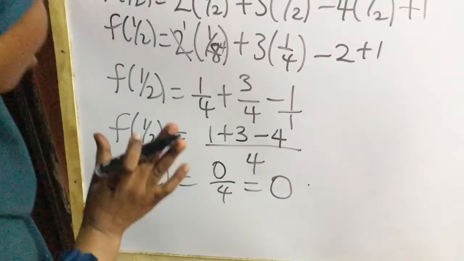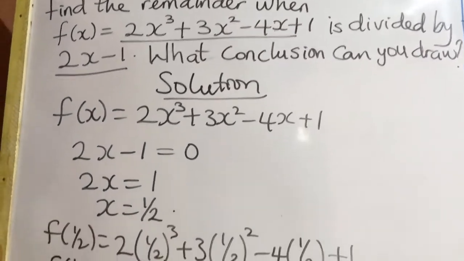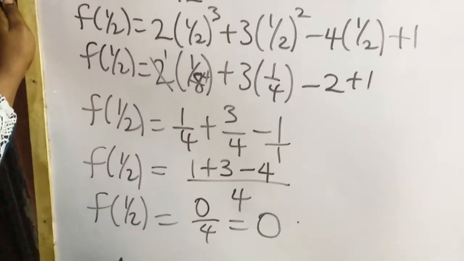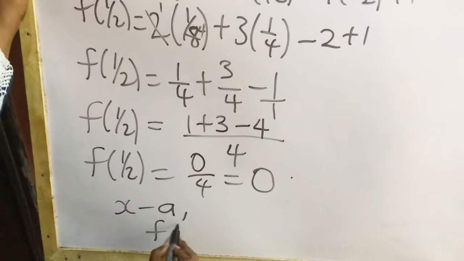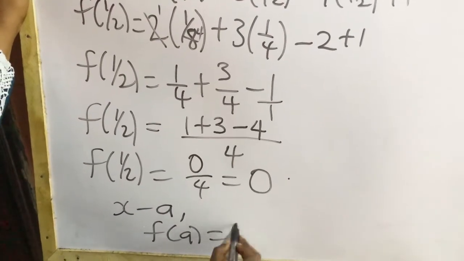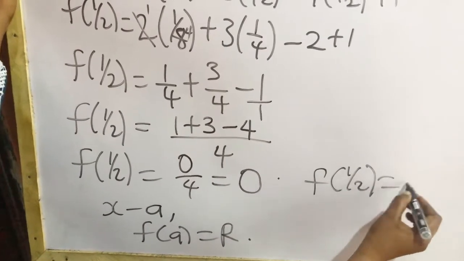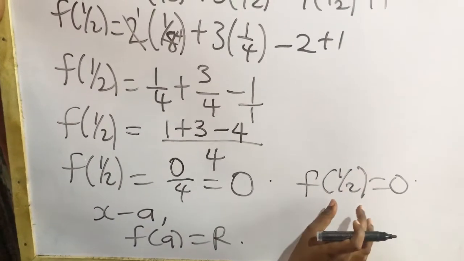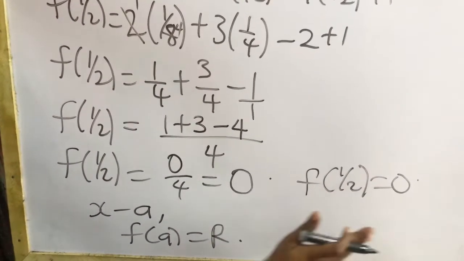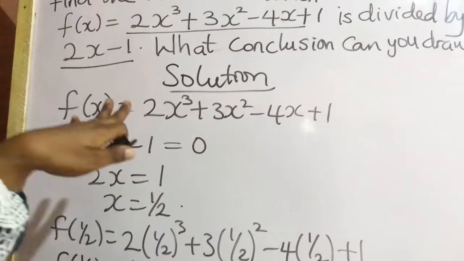So, if you could remember the remainder theorem, you said that if you divide a polynomial by x minus a, then f of a will be your remainder. So here it means that f of 1 over 2 is equal to 0. So if f of a or f of minus a is equal to 0, it means that this divisor is a factor of that polynomial.